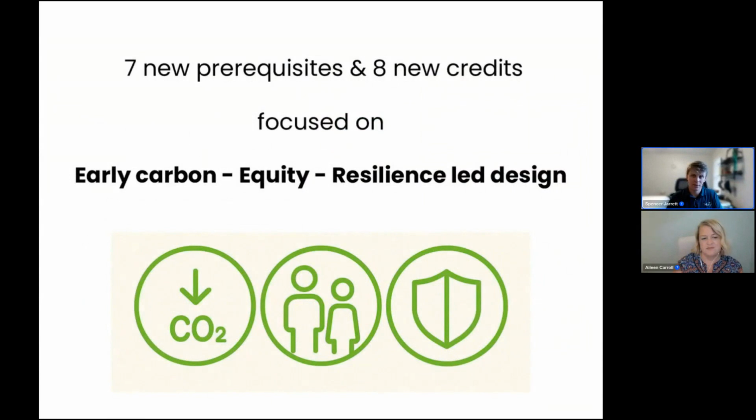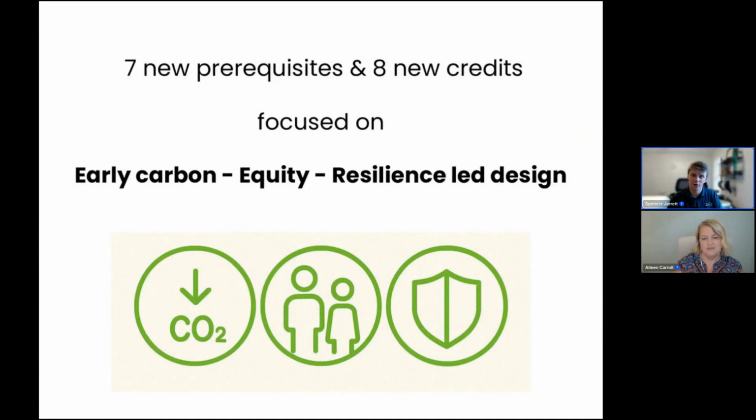So the 7 new prerequisites, let's break those out just for a second. 3 of them are in the IP category, so the integrated process. 2 are in materials and resources, which we'll focus on here in just a minute.